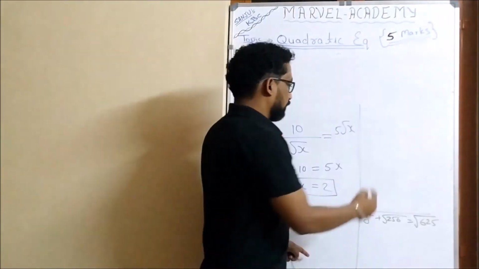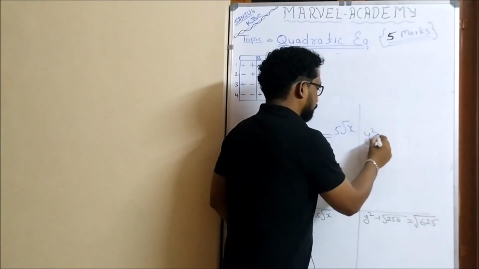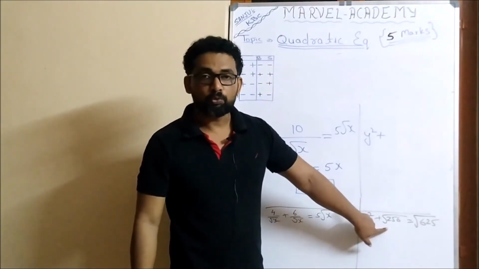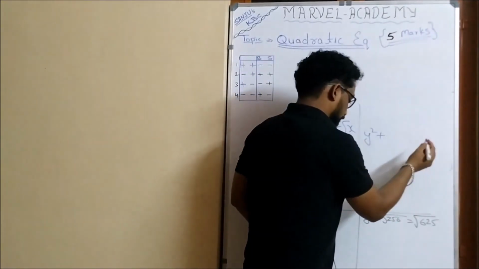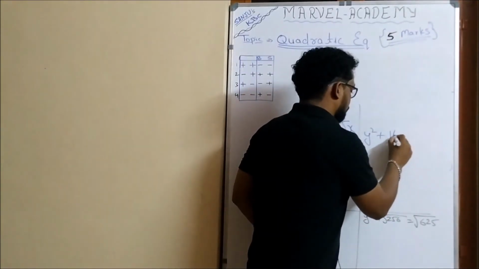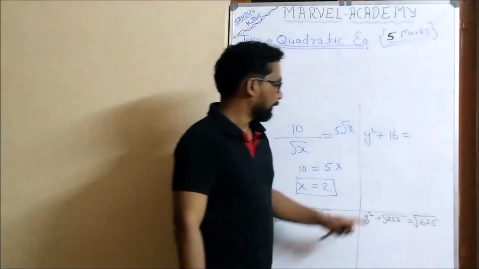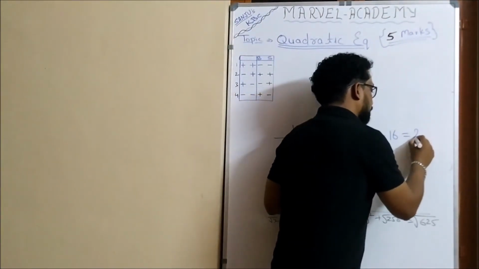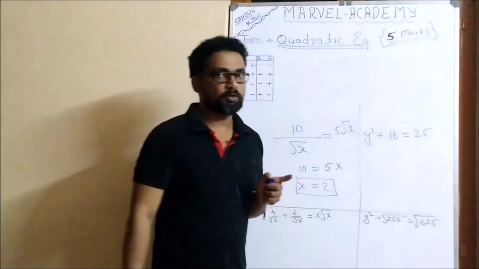Next, y square plus root 256. Root 256 equals 16, and root 625 is 25.